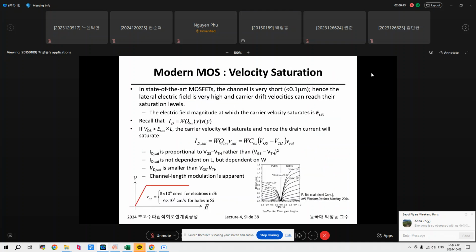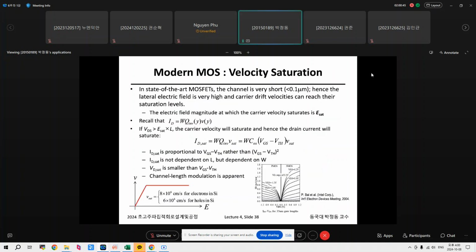So ID is only a function of VGS minus V threshold. Also, because of this reason, ID is not a function of 1 over L, because it is already saturated. It is not a function of L, but a function of W.